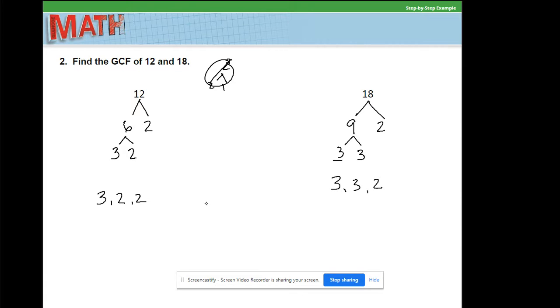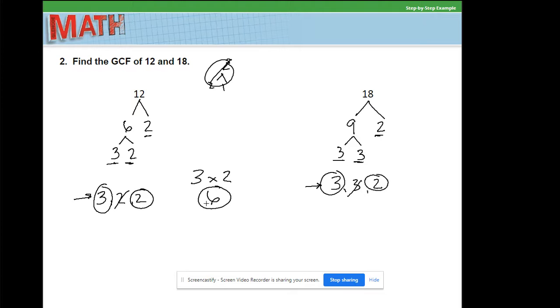I'm getting these numbers from the end parts of our tree, and those all go right down here. Then I'm going to compare. I have a 3 here, I have a 3 here. I don't have another 3 over on this side, but I do have a 2 and a 2. So I'm going to multiply 3 times 2 and get 6. And that's how you can find your greatest common factor for 12 and 18.